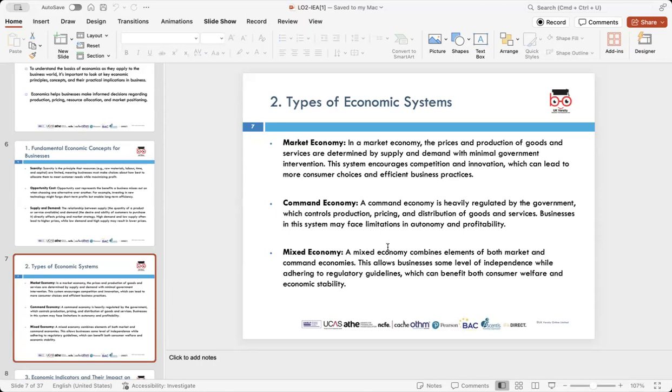So, a mixed economy strikes a balance between free enterprise and social welfare, ensuring that economic benefits are distributed fairly. Most countries today, including the UK and the USA, follow a mixed economic model.